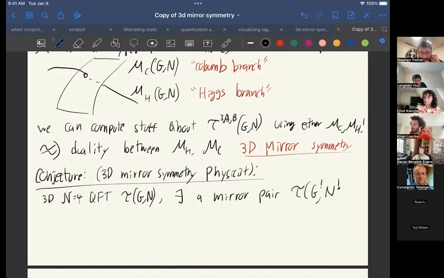Okay. Then there exists a mirror pair, a different TQFT defined by data, which is also some other group and some other representation, which I will denote by the shriek, such that, well, first off, we want their associated quantum field theories to be isomorphic to one another. So the A twist of one is the B twist of the other.